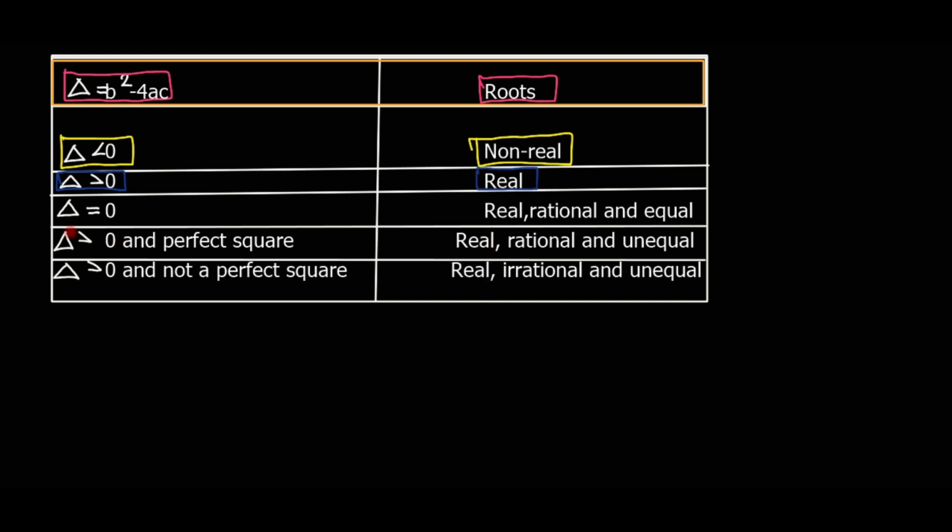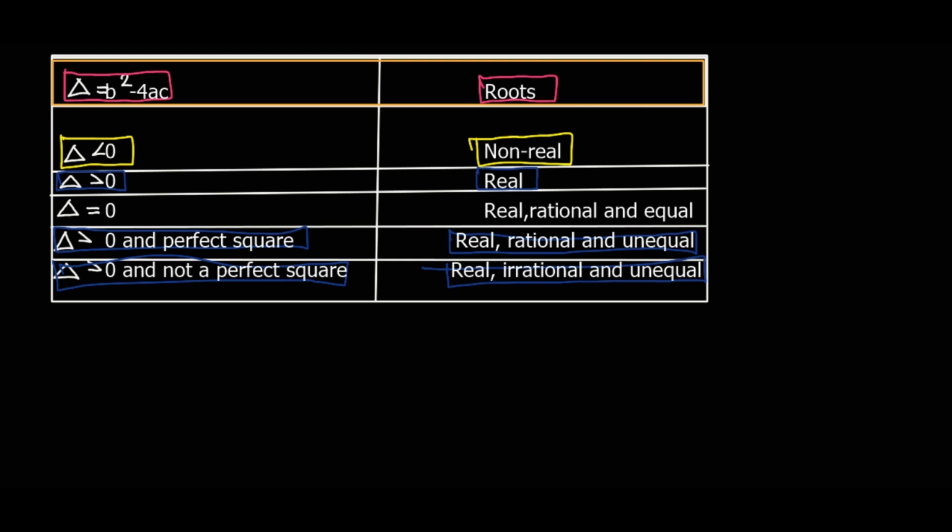But let's say this delta is positive and at the same time a perfect square, the roots will be real, rational, and unequal. And if it's positive but not a perfect square, the roots will be real, irrational, and unequal.